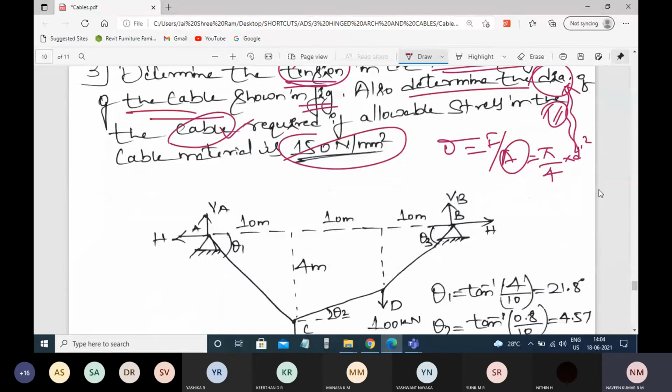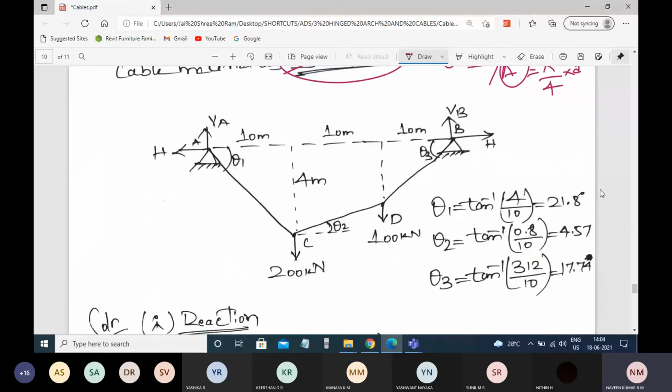Understood? So let me come over here. What is given? Support A and support B, and there is a segment of cable. At point C there is a point load of 200 kilonewton magnitude, and at point D we have 100 kilonewton.